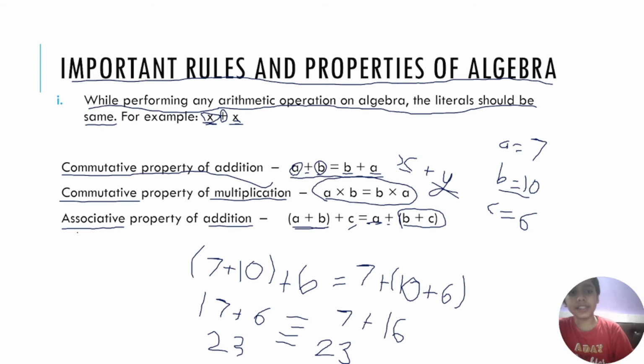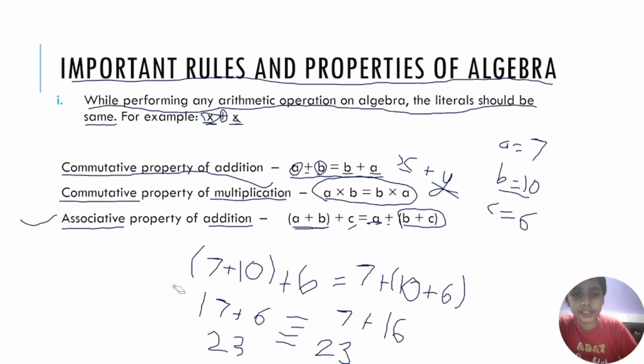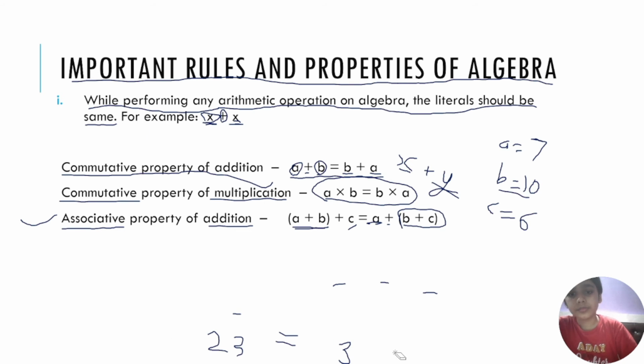So that means this property is correct. Now we'll see another property of algebra. First I'll erase this all. And now we'll see the next property.